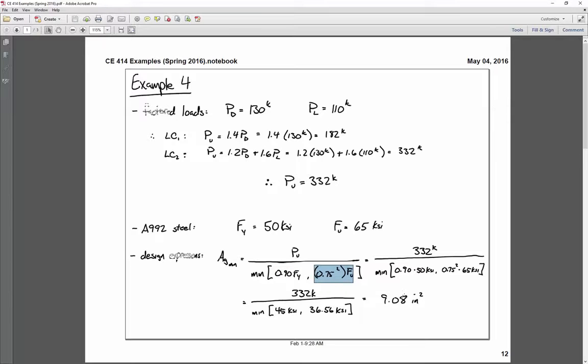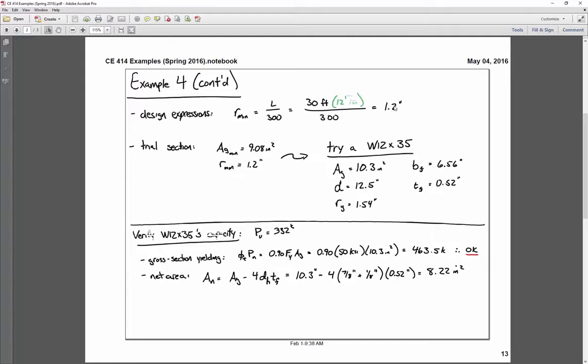Go through and chug all of that out, and you'll find that the minimum quantity is the one over here on the right, and that comes out to be about 36.56. So chug it out and you get a gross area requirement of 9.08 square inches. That indicates that we must select a member that has at least a gross area of 9.08 square inches.